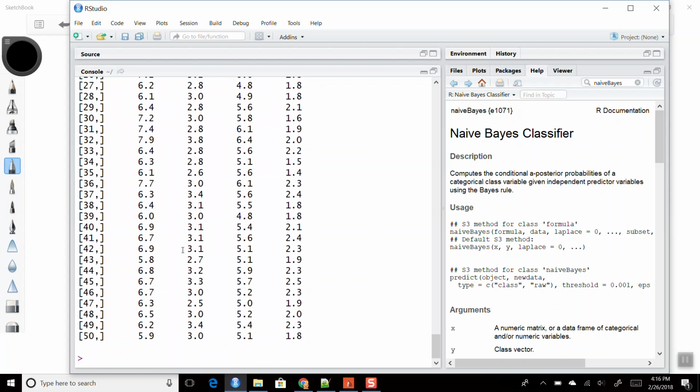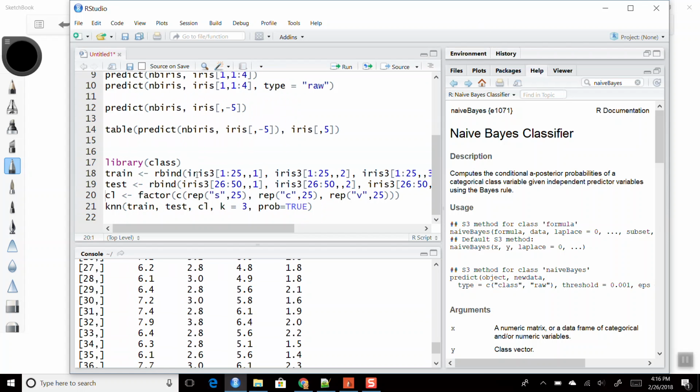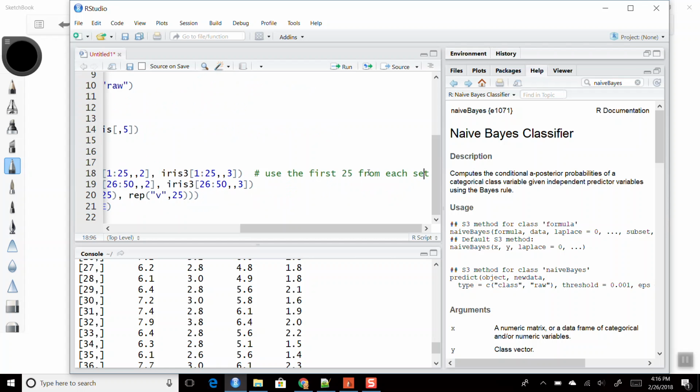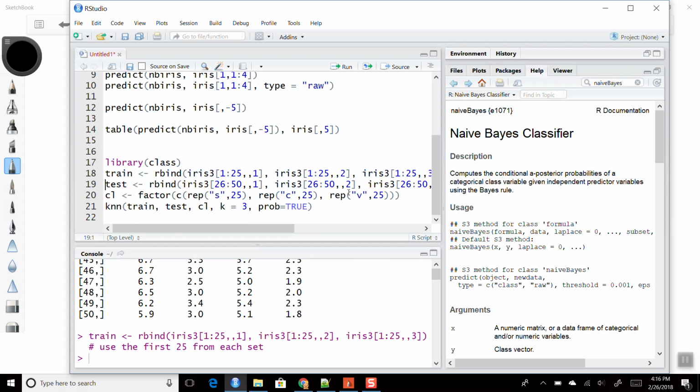So anyway, for the training, it makes a training data set by taking the first 25 rows from each layer in the array, and it creates our data set train, which is going to be 75 by 4.